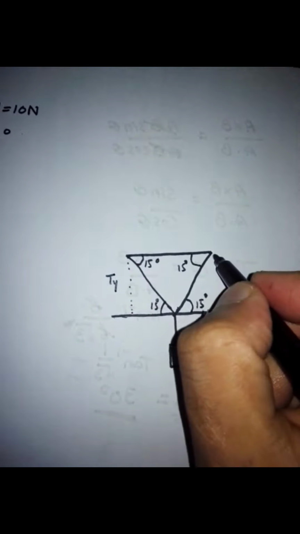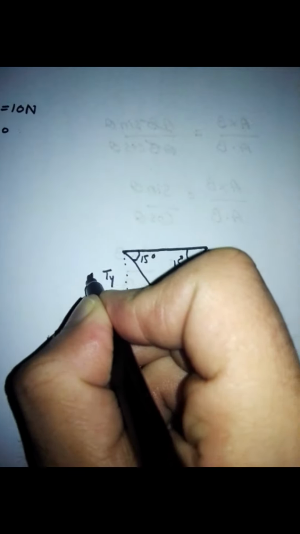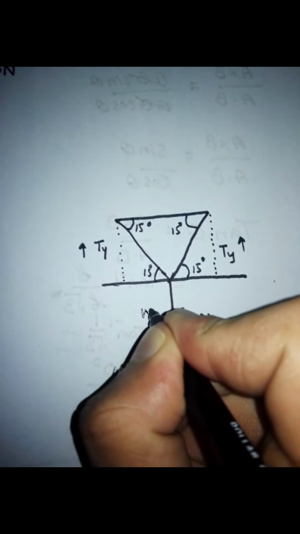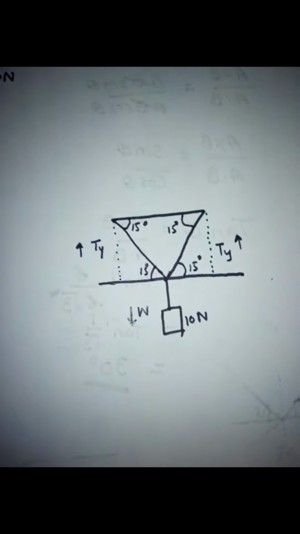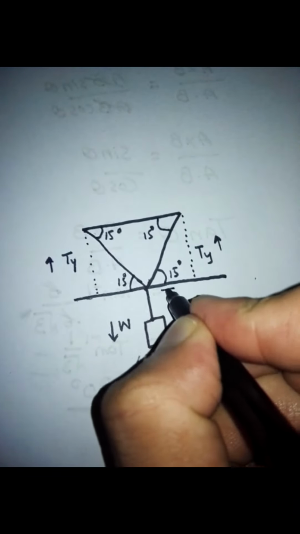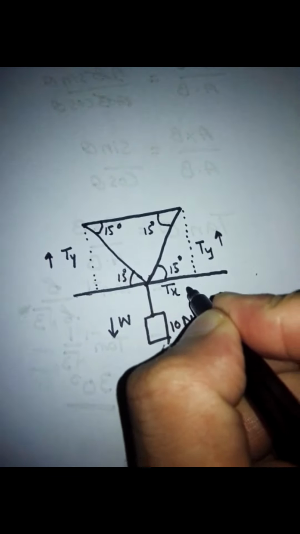So this will be Ty, and this will also be equals to Ty, and this will act upwards. The force due to the weight of the load W will act downward, and here also it is Tx which will be in this direction and Tx which will be in this direction.